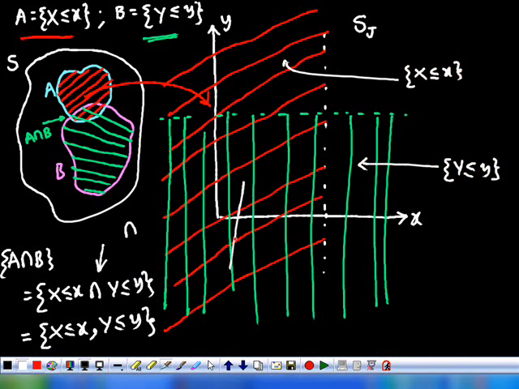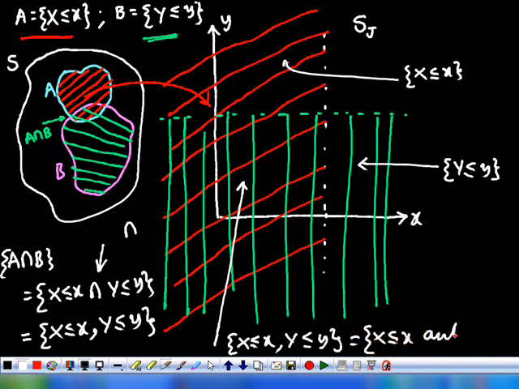Now if we consider this region in which the lines are crossing, that region is the joint event. That event is the joint event in which the random variable X is taking values less than or equivalent to x, and Y is taking values less than or equivalent to y. So if you know the joint event, can we find the joint probability of the particular event?